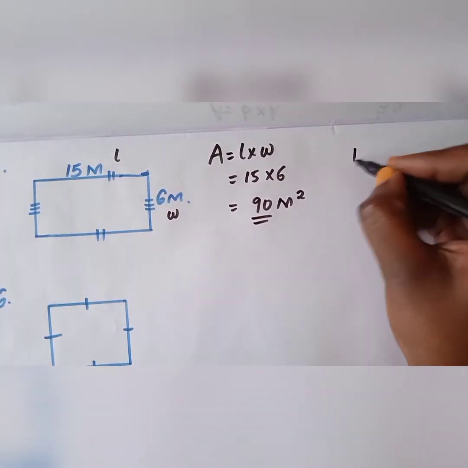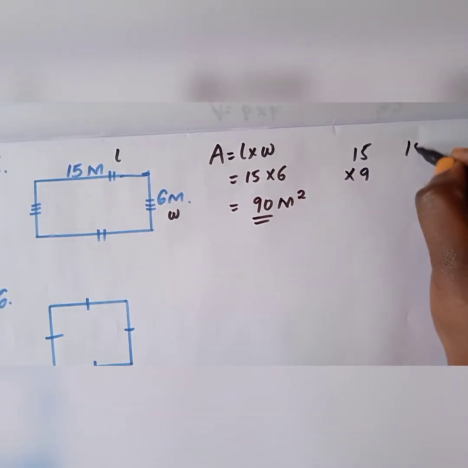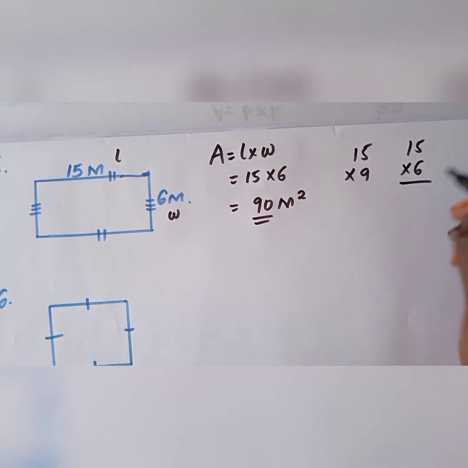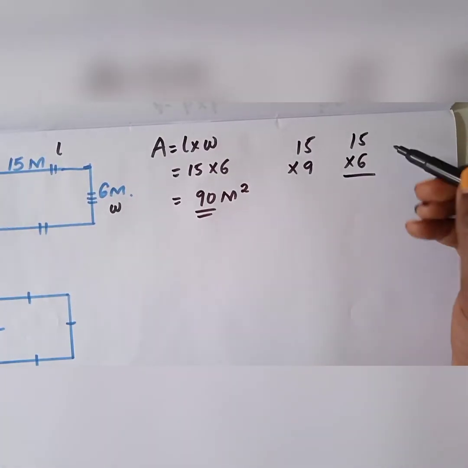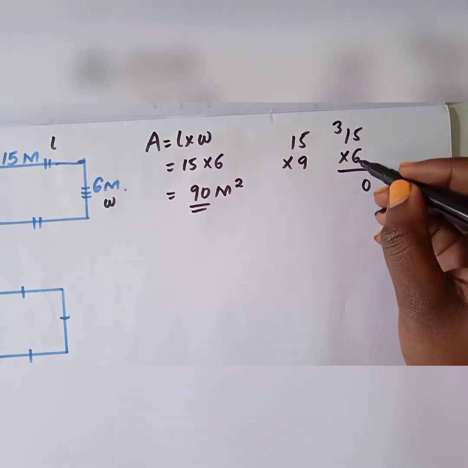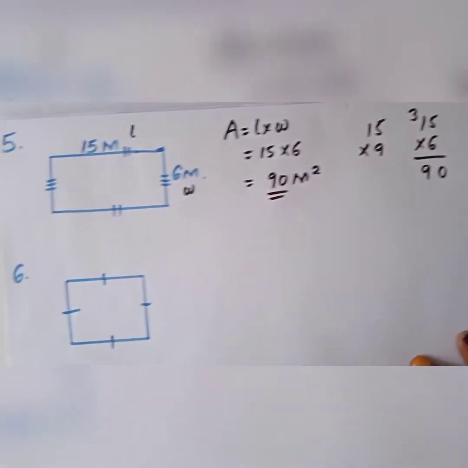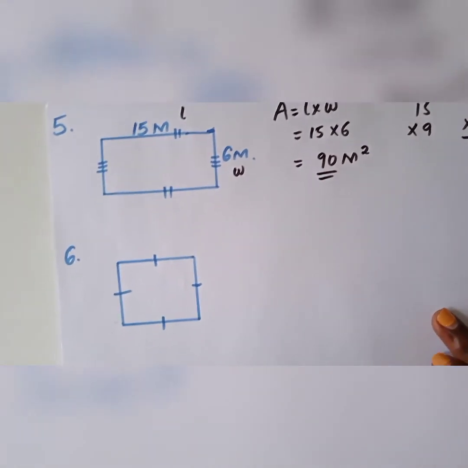Let me just do it over here. 15 times 6: 5 times 6 is 30. And then 6 times 1 is 6, plus 3 is 9, so 90. So your answer is 90 meters squared.